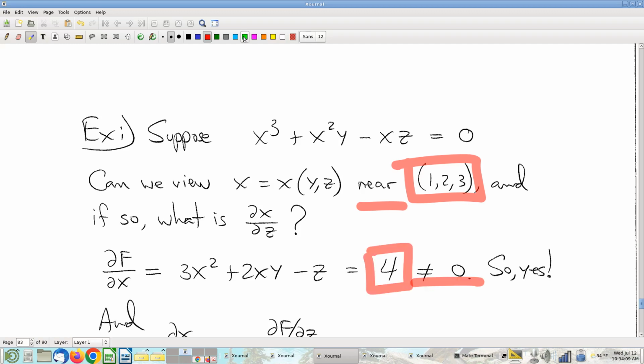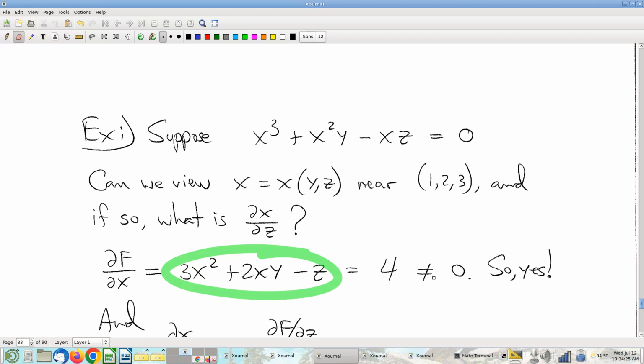If you look at this expression right here, if I were to pick a different point, it could totally be 0. In which case, crash and burn, and I'm dead in the water. Yeah. Okay. All right.